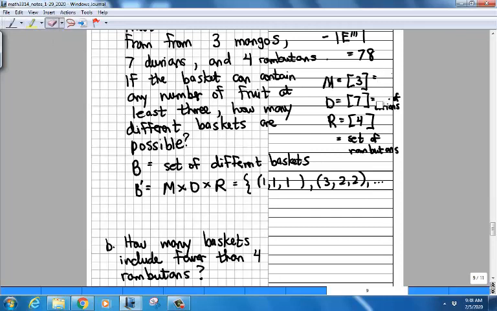Not the mangoes themselves, but the number of mangoes. So can I write all that down here? Number of mangoes, number of durians, and number of rambutans.